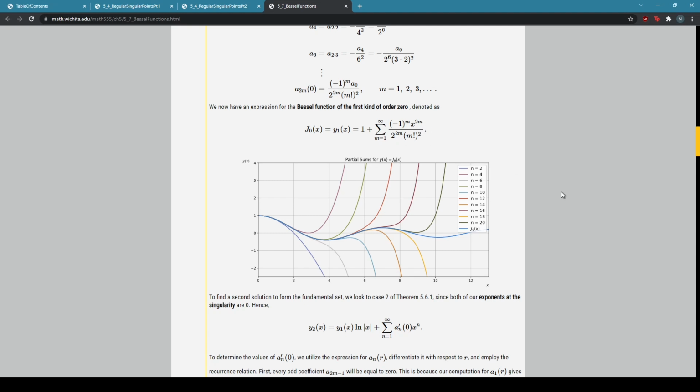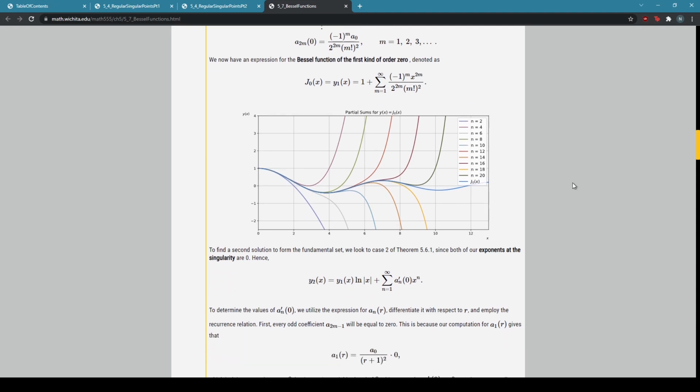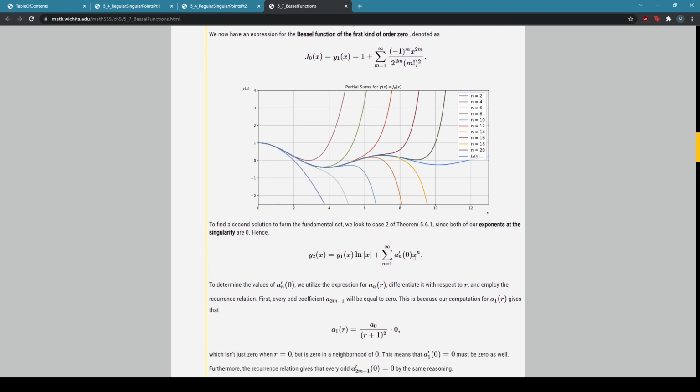All right. Now the second derivation for this starts with a different form, and there are a different set of computational rules that we'll need to use in order to compute the recurrence relations. Yes, this is a derivative.